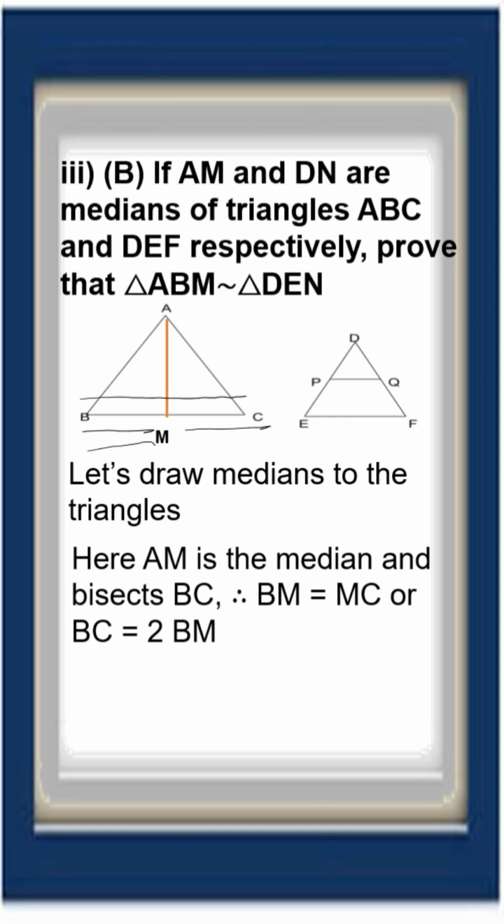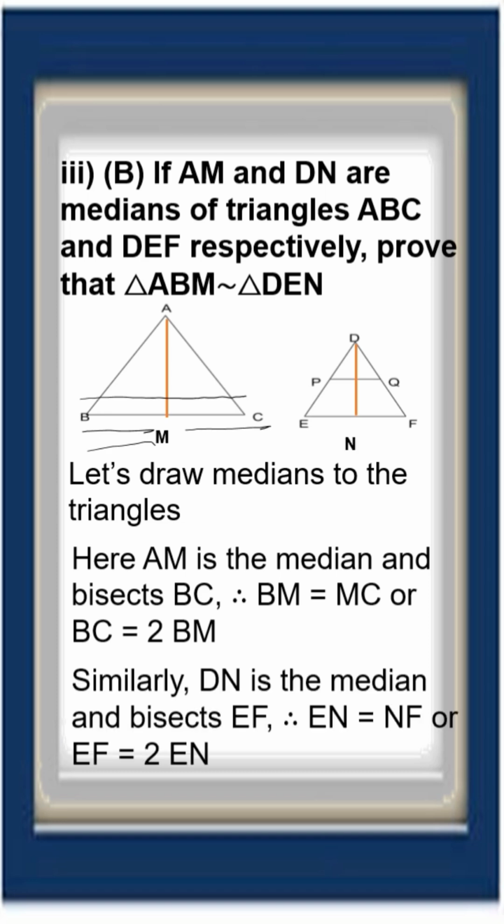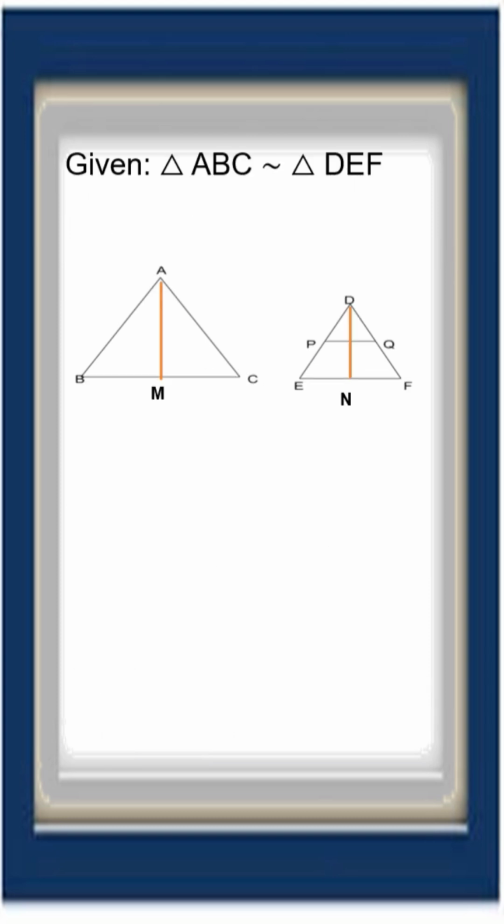Now let us draw DN median to triangle DEF. It bisects EF so that EN is equal to NF or EF is equal to 2EN. We are given that triangle ABC is similar to triangle DEF. So AB by DE is equal to BC by EF.